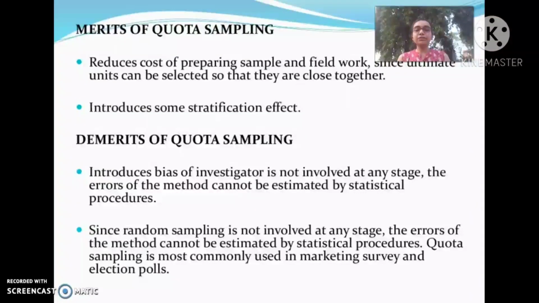Since random sampling is not involved at this stage, the errors of the method cannot be estimated by statistical procedures. Quota sampling is most commonly used in marketing surveys and election polls. But it does not mean that it cannot be used in social science and educational research.